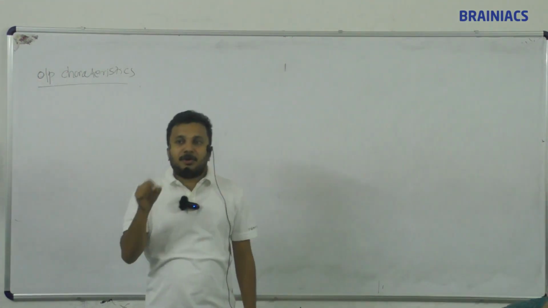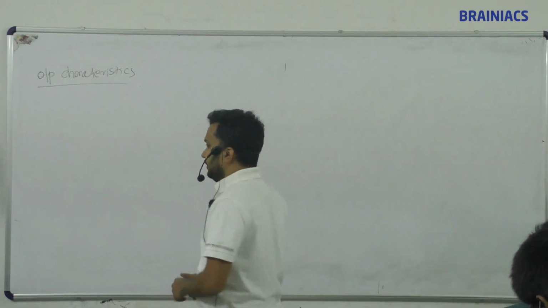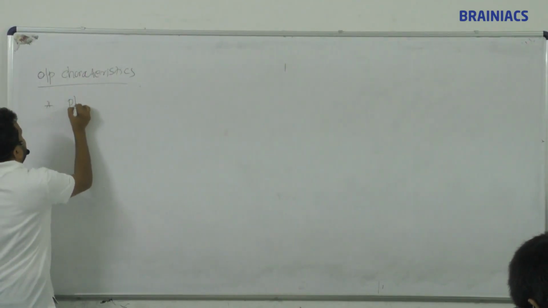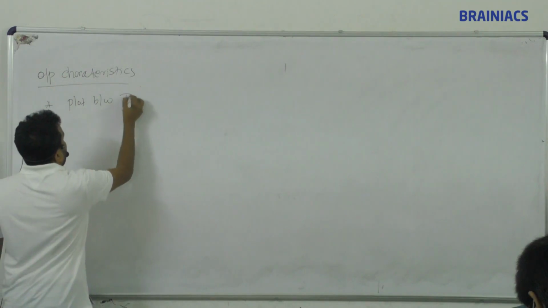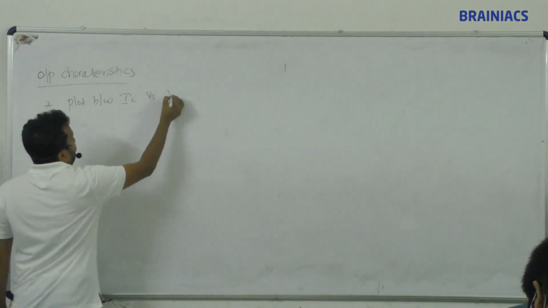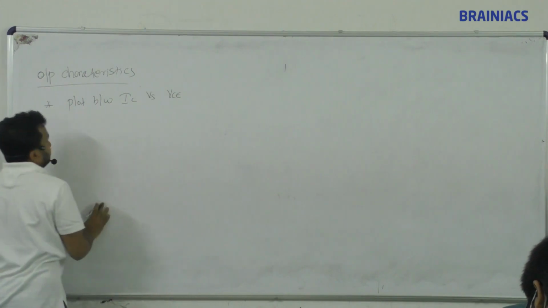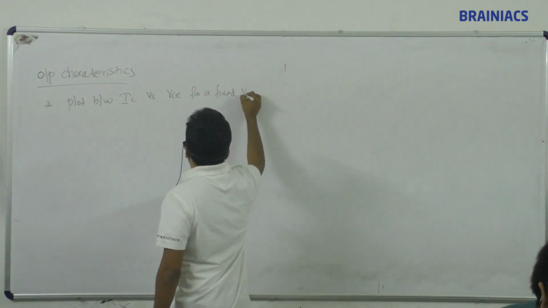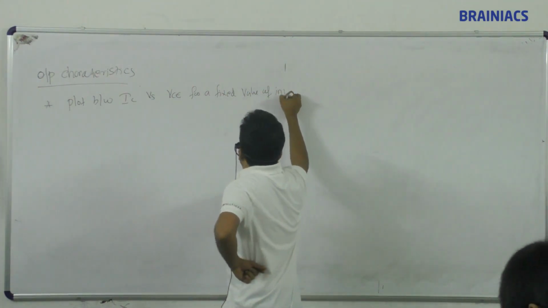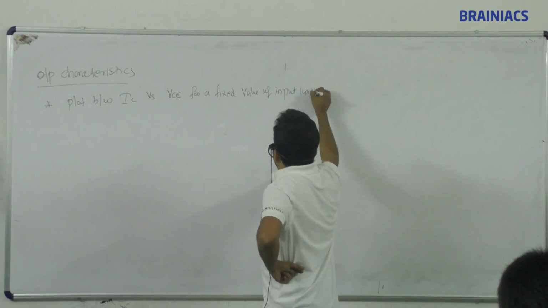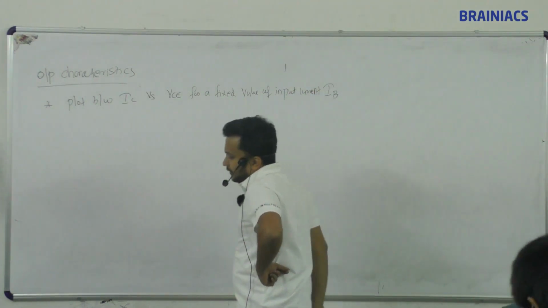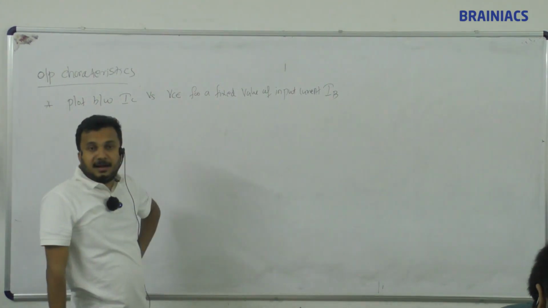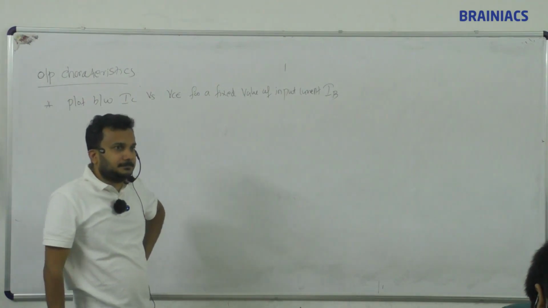It is a plot between output current IC versus output voltage VCE, for a fixed value of input current IB.